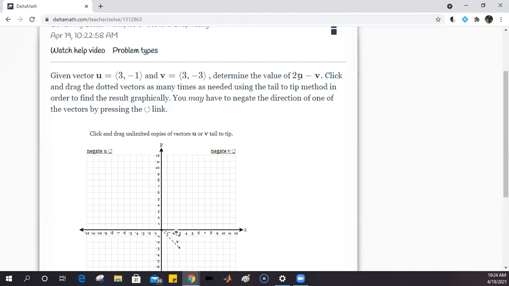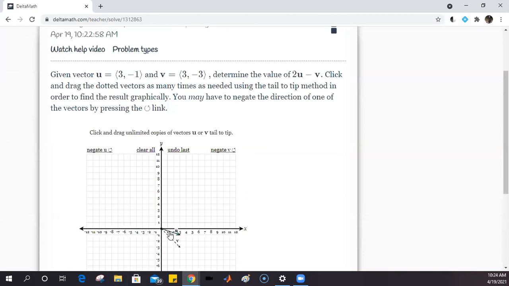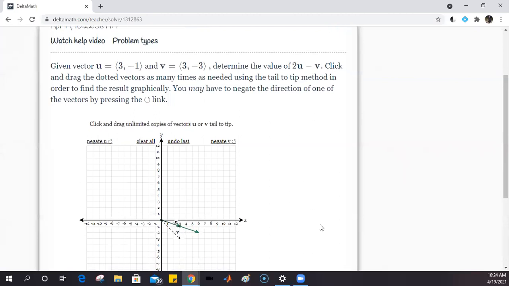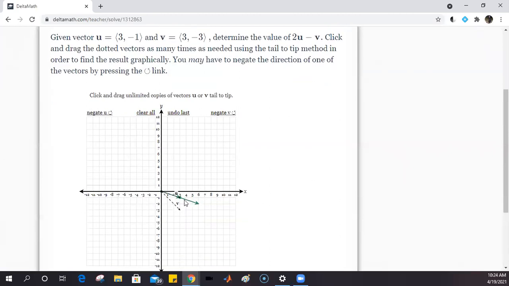So I want 2 times U. Let's take this guy and drag another one. So there's 2 U's. And the nice thing about this is if I misplace it a little bit, it'll snap it to right where it's supposed to go. So we did 2 U's.